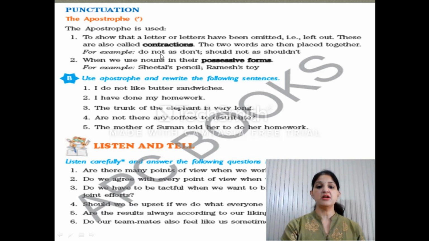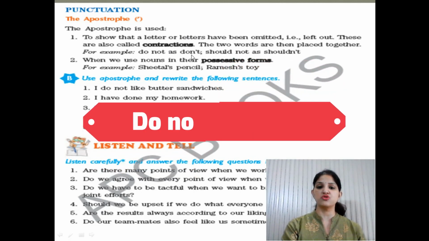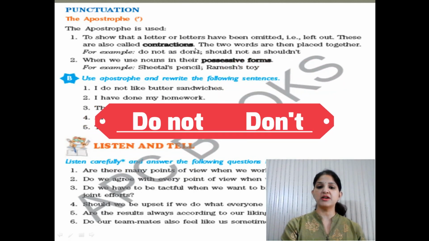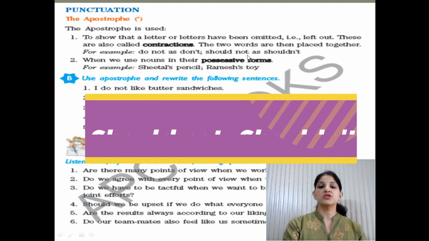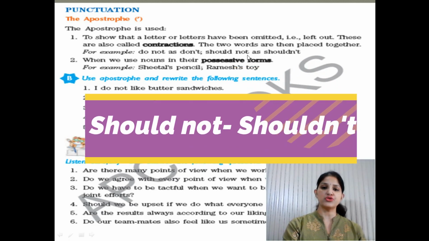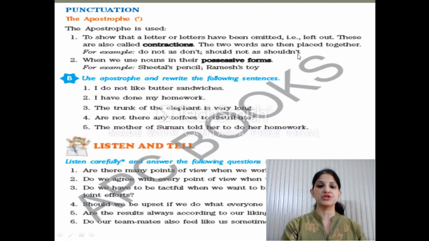For example, do not becomes don't. So here you can see in don't, an apostrophe is put over here and O has been omitted, right? In a similar way, there are two words, should and not. To make the contraction of should not, O again has been omitted from not and it has been combined together, and a single word is formed called shouldn't.